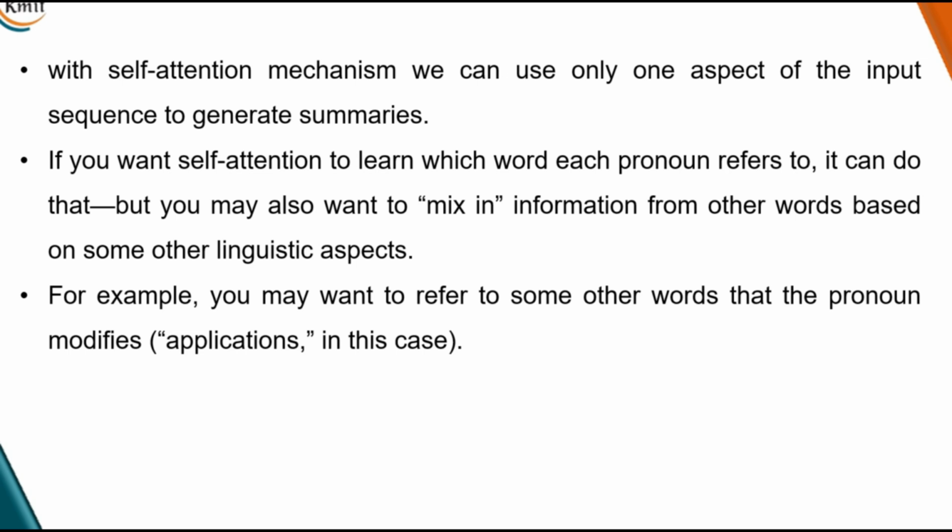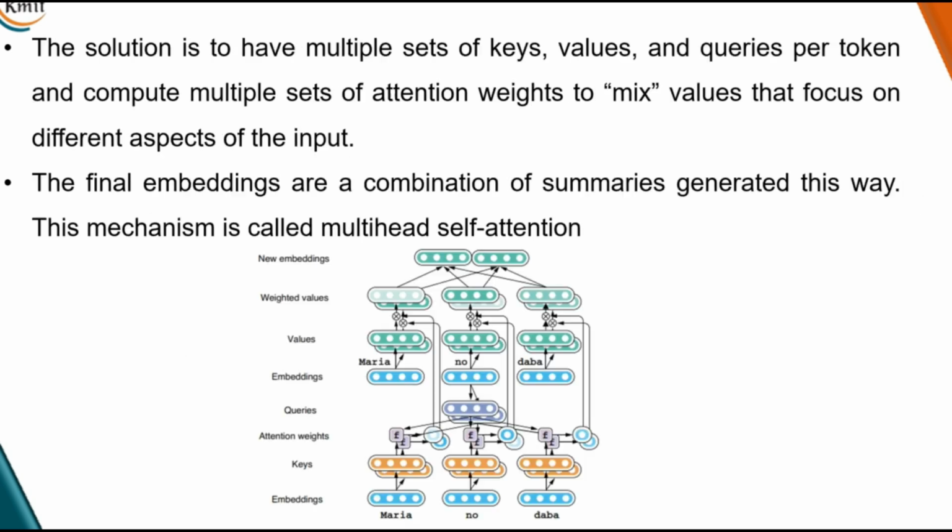How does self-attention solve this? This is solved by a mechanism called multi-head self-attention. As you can see here in the figure below, for each token, I am generating multiple keys. Using multiple keys and multiple queries, I calculate my different word embeddings based on the attention function.